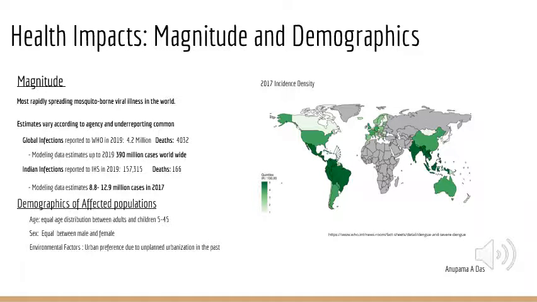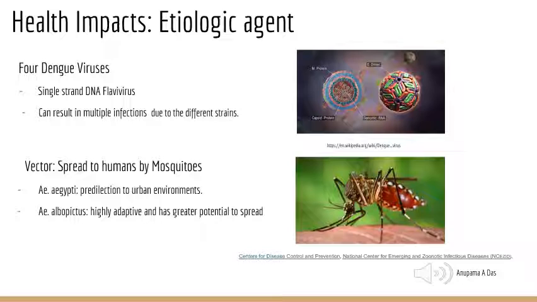The etiologic agent associated with dengue fever is a single-stranded RNA virus. Importantly, there are 4 different strains of this virus, which means that a person can get infected with dengue 4 different times in their lifetime.